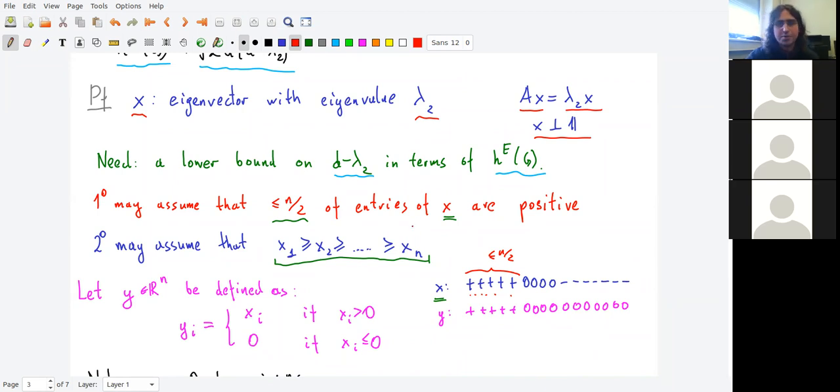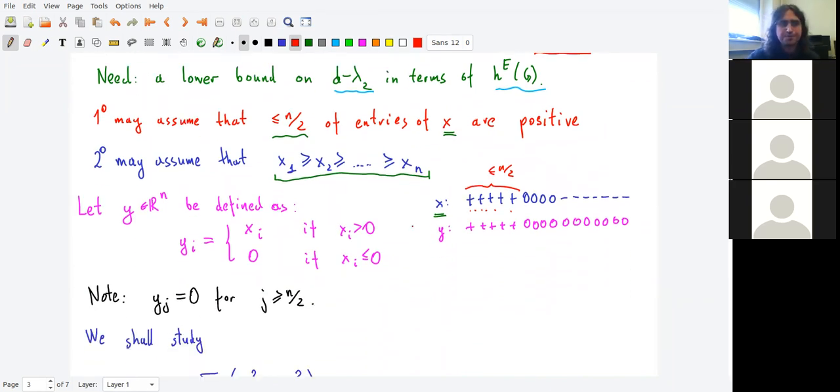Right. So now the crucial idea in the proof is to look at the following vector y. Vector y is like the positive part of x, in the sense that whenever xi is larger than 0, I simply take xi, and whenever xi is non-positive, I replace it with 0. So y is something like x plus.